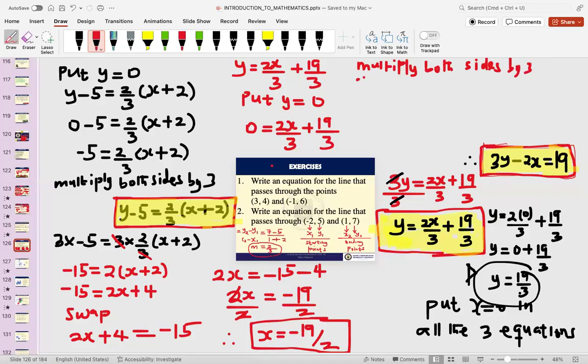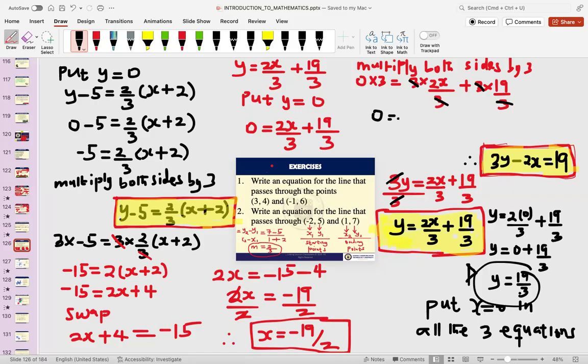So I pick my 0, multiply it by 3 is equal to 3 times 2x over 3 plus 3 times 19 over 3. So we do some cancellation. This 3 will cancel this 3, this 3 will cancel this 3. 0 multiplied by 3 is 0.